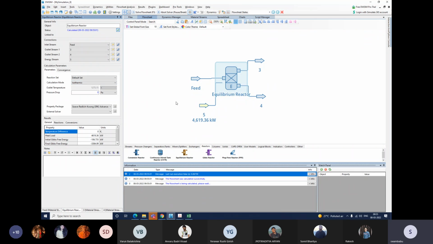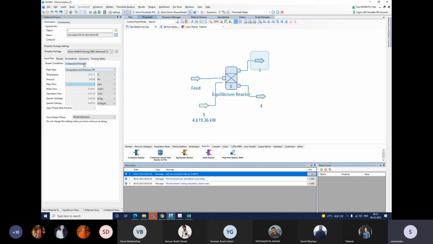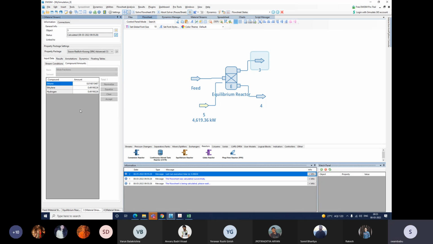Once you click on isothermal conditions, the flow sheet got solved. The flow sheet got successfully executed. Now we want to see the results. What is the conversion and what is the extent of reaction? We can see the composition. This is the composition of vapors.